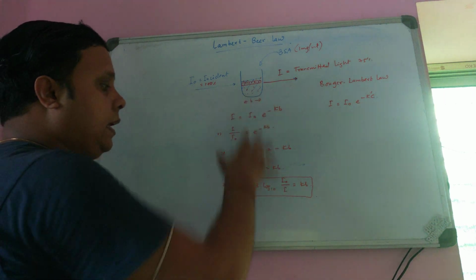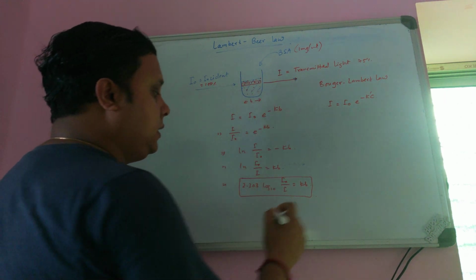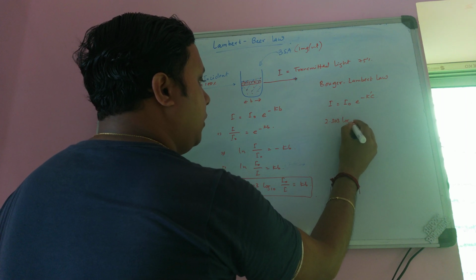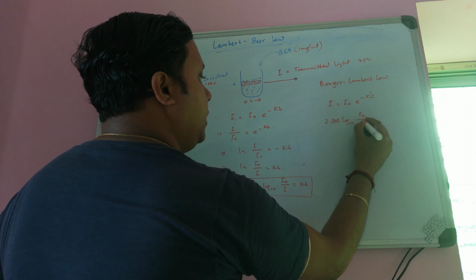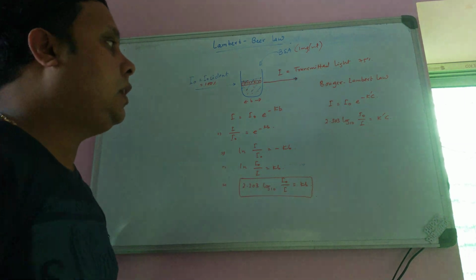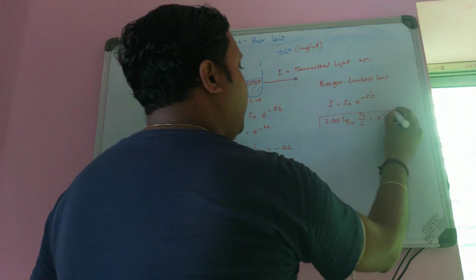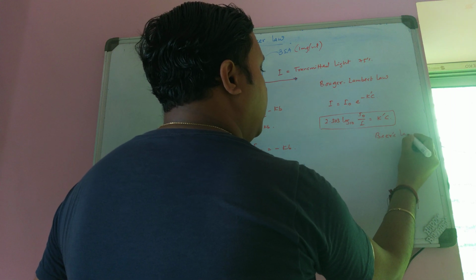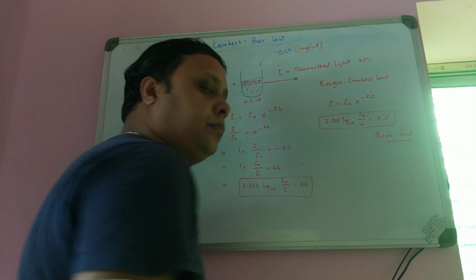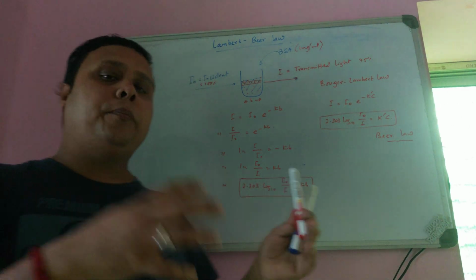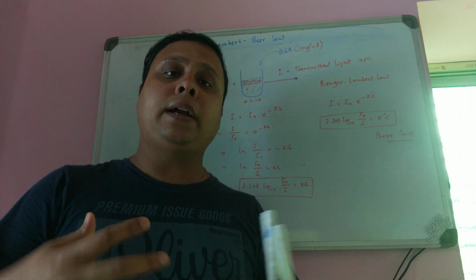By a similar approach, the ultimate statement will be 2.303 log to the base 10 of I0 by I is equal to K'C. So this should be the ultimate statement of what is known as Beer's law. Beer's law, right? Beer's law.